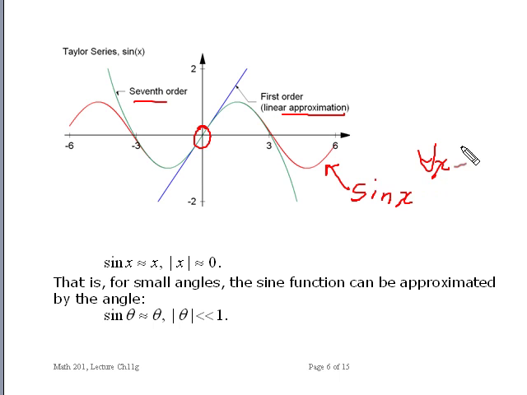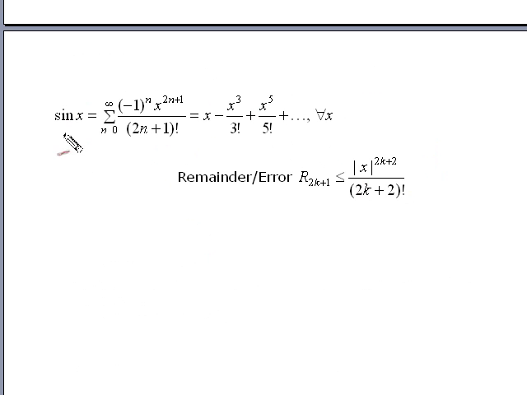I mentioned at the beginning of this lecture that it is very useful to look at the behavior near x equals 0. So near x equals 0, if you look at that series expansion, what we want to look at is the values for x close to 0.